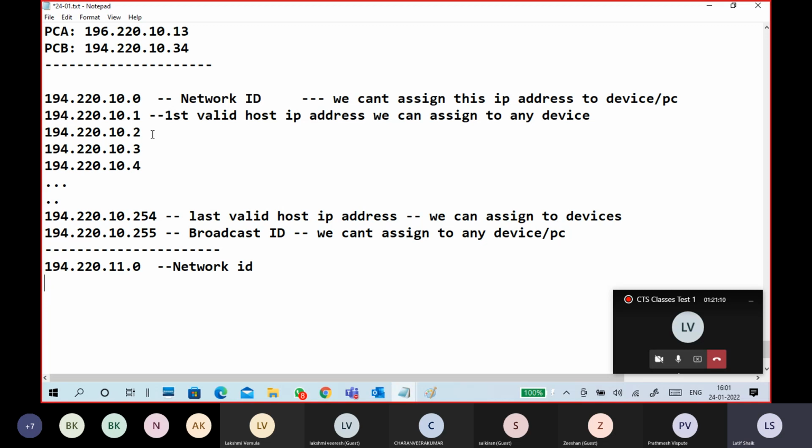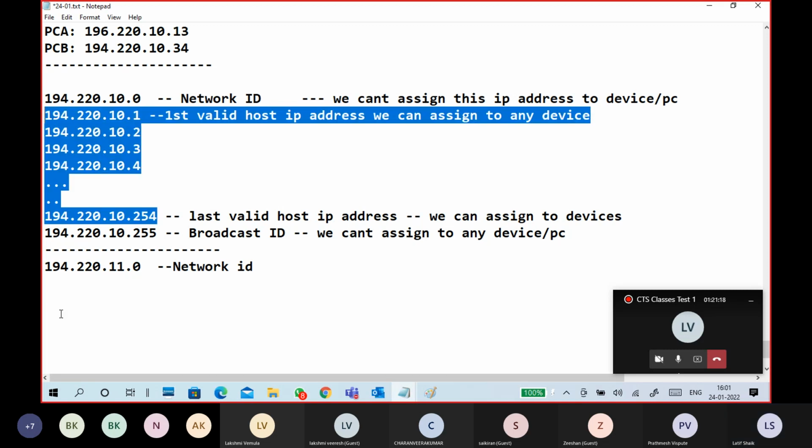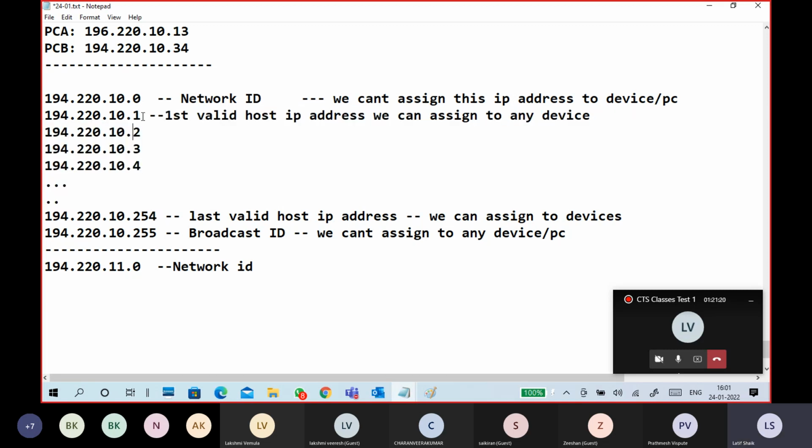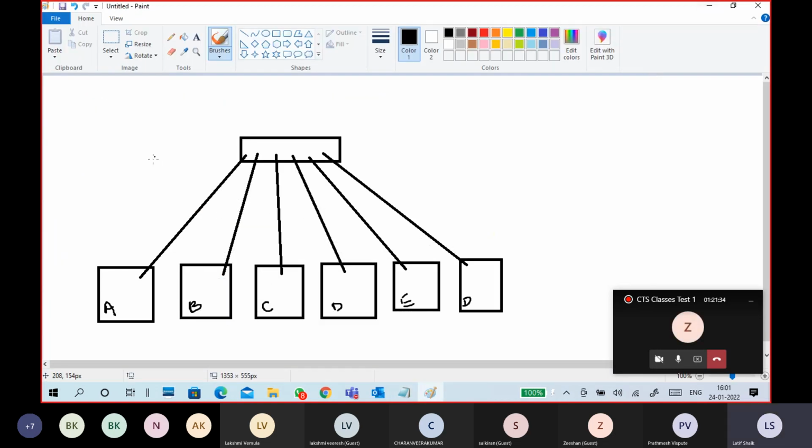Okay, guys, understand? Network ID, broadcast ID, first IP address, last IP address. This is the valid range. This is the starting and this is the ending. Okay, so here it is.